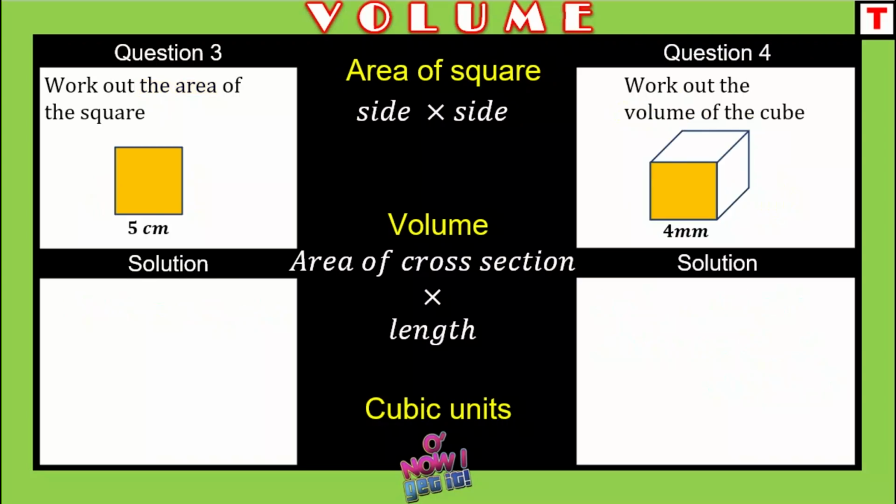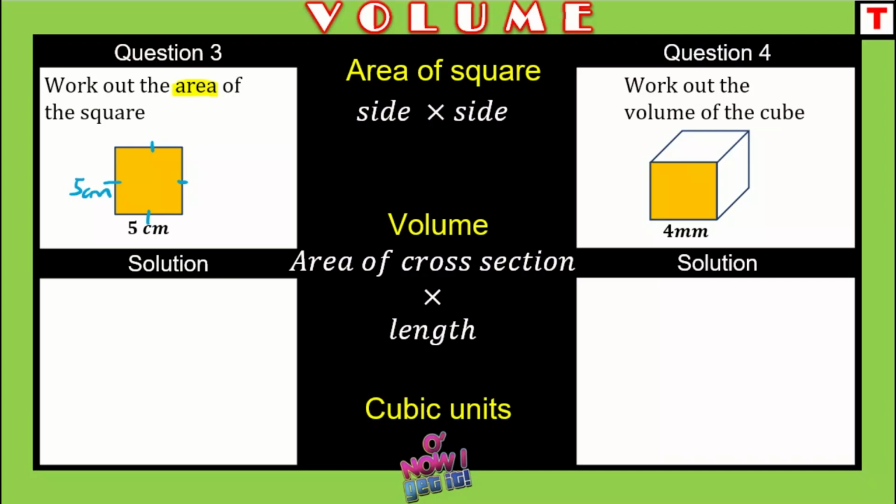So we're being asked to work out the area of the square. And to find the area of a square, we're simply going to be multiplying the side by side, because in a square, all of the sides are equal. So I can simply put these marks in if I wanted to remind myself that all of the sides are going to be equal.